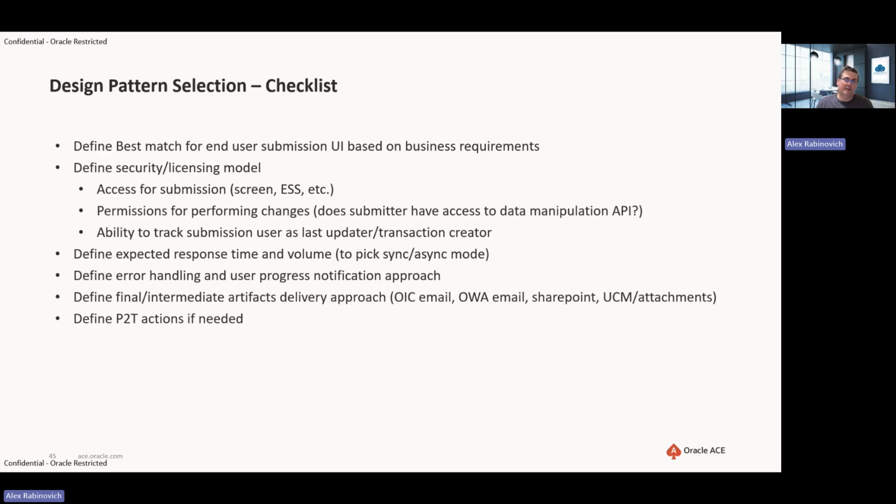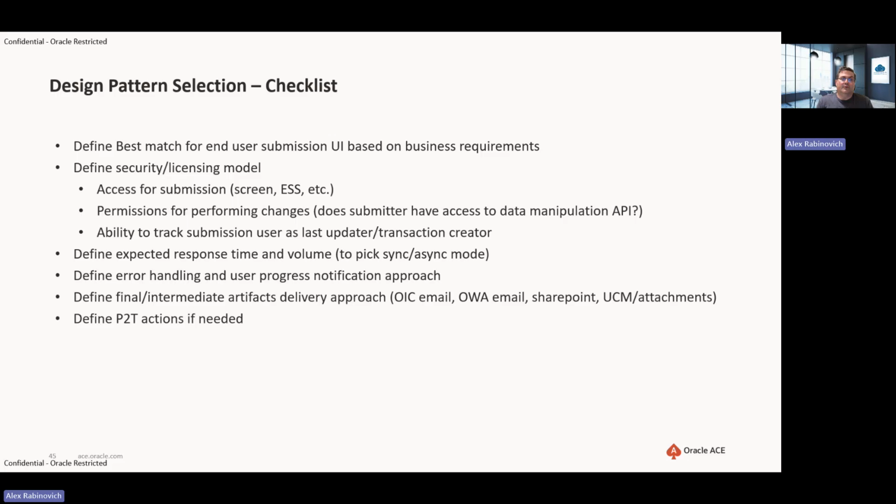We need to understand the user UI and business requirements that are part of the definition of the request. You should consider the security and license model. As I said, the service user can access everything, while the current user can only see whatever is granted to this user.